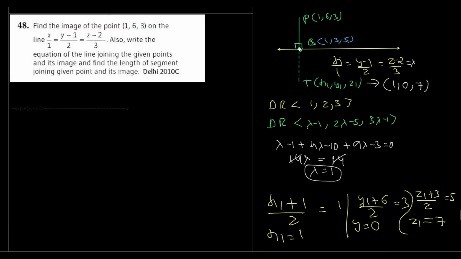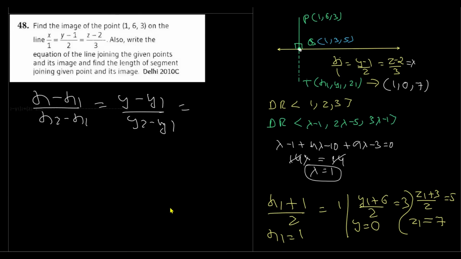Now for that, the formula to be used in this case is x minus x1 over x2 minus x1 is equal to y minus y1 over y2 minus y1 is equal to z minus z1 over z2 minus z1.